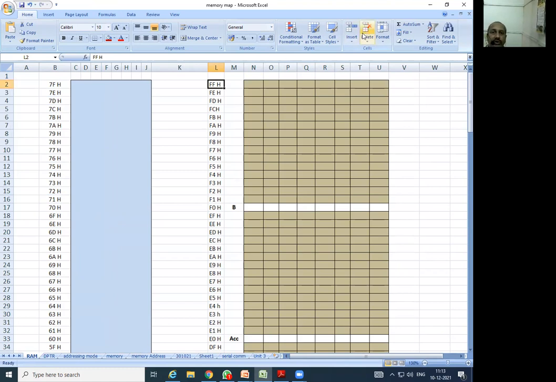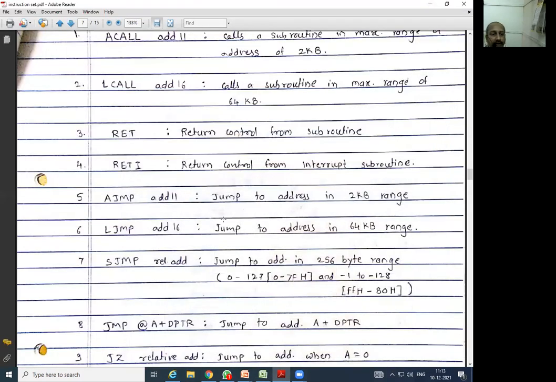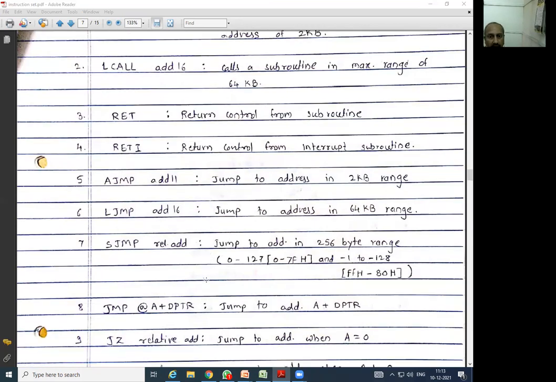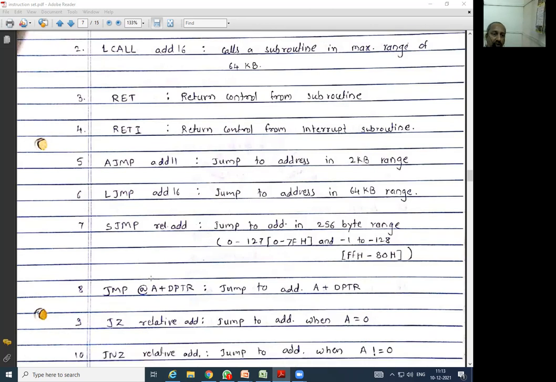So this is how the RAM locations are distributed, and to reach them, this SJMP relative address instruction is utilized. It is given in brackets: 0 to 127, which in hex is 0 to 7FH, and for the next one, 80H to FFH, as we have seen right now.